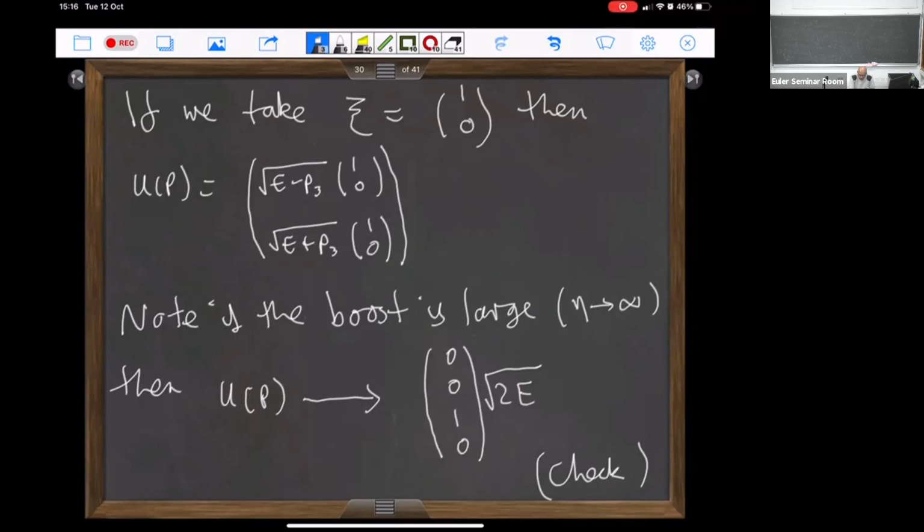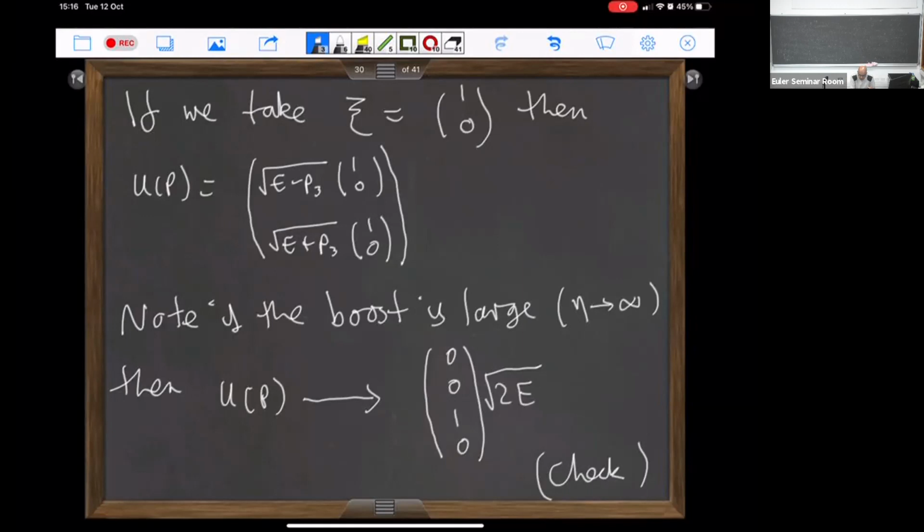Now what I want to do is consider making the boost very, very large. That gives the particle a lot of momentum, and because I'm taking it very large, it also gives it a lot of energy, but E squared minus P squared still has to remain m squared.